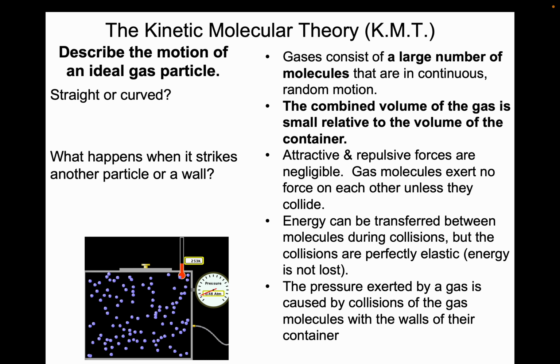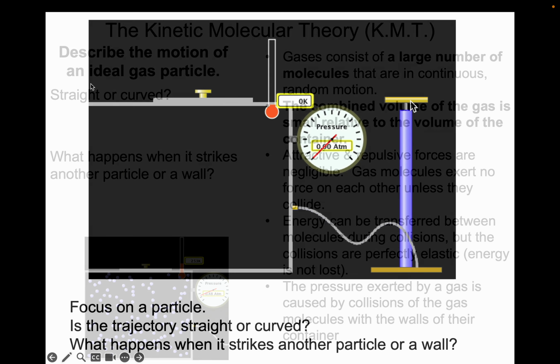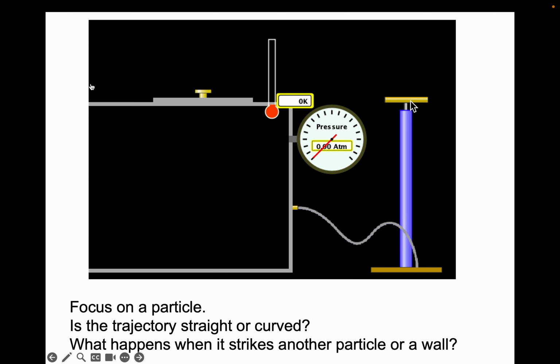Let's think about particle motion, okay? Within this one, we're going to look at a simulation of the ideal gas consistent with the kinetic molecular theory, and we want to think about aspects of its motion. What I'd like you to do is, when the gas particles enter the chamber here, try to focus on a single particle. Try to track it as it moves throughout the chamber.